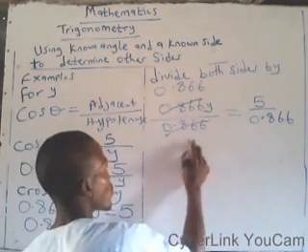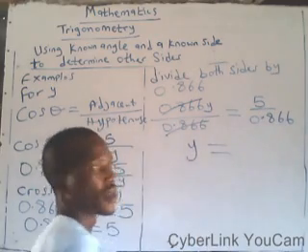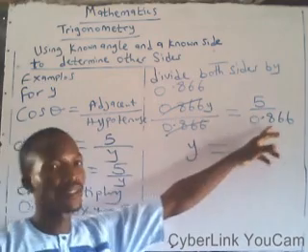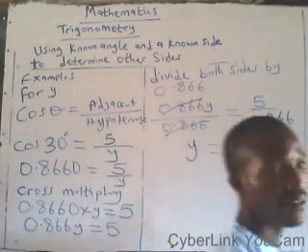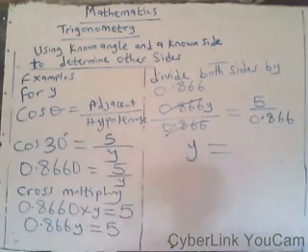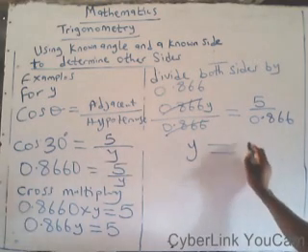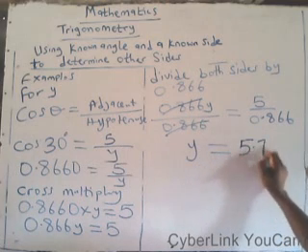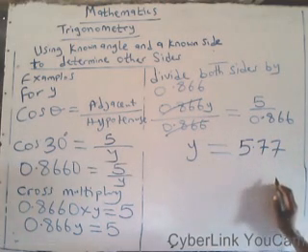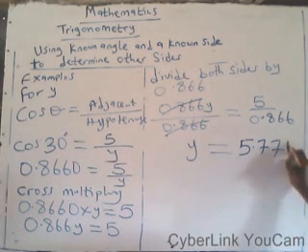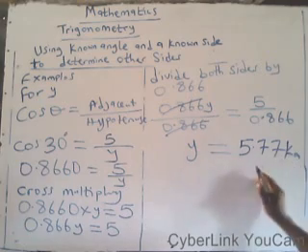Then we are left with y is equal to 5 divided by 0.866. If you do your calculation very well, you are going to arrive at 5.77. And mind you, your unit here is also going to be kilometer.